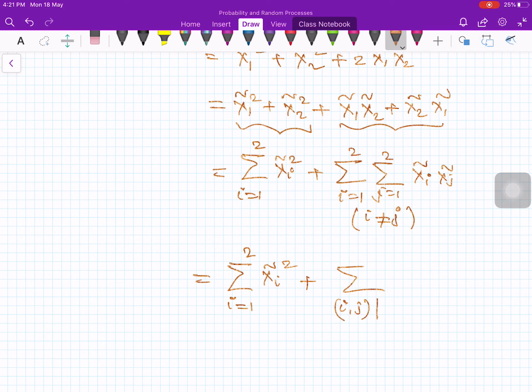Therefore this is going to be the sum over i equal to 1 to n of the variance of xi, plus the sum of the covariance of xi with xj, where the range is i, j such that i is not equal to j, set of all points.